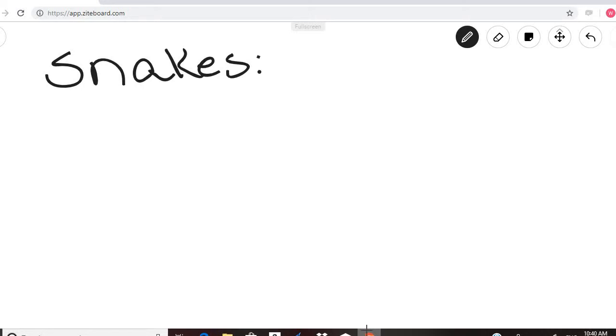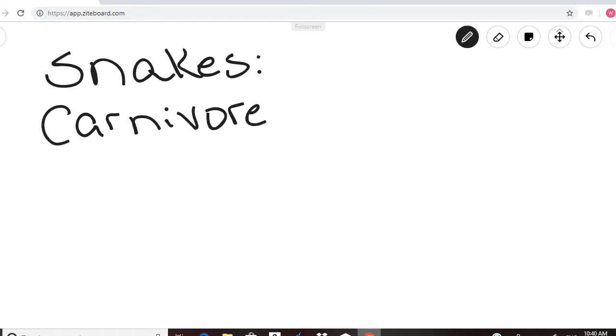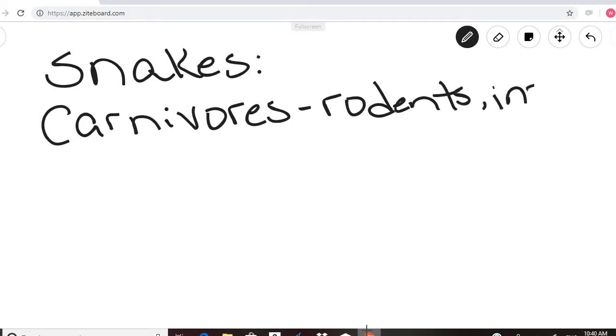Let's go ahead and say a few things more about snakes before we finish up with this particular order. So the snakes are carnivores. They will eat things like rodents, insects, and other snakes.